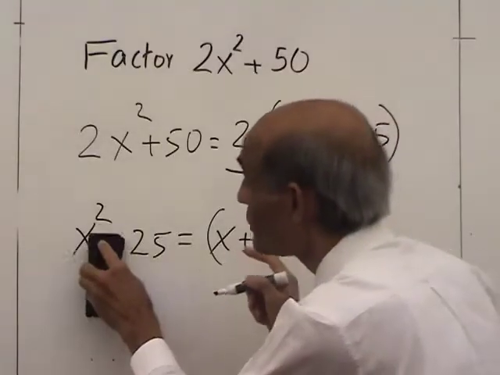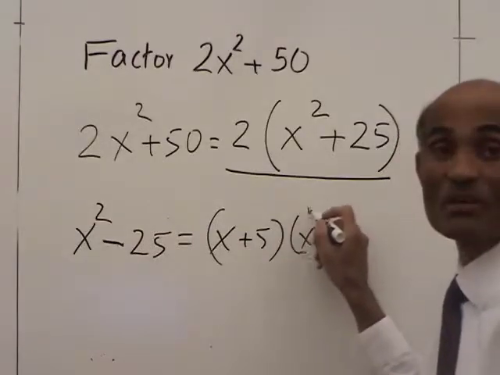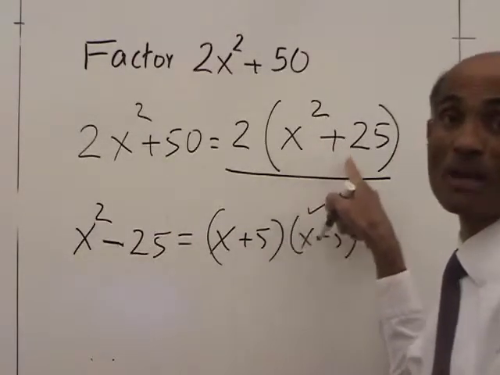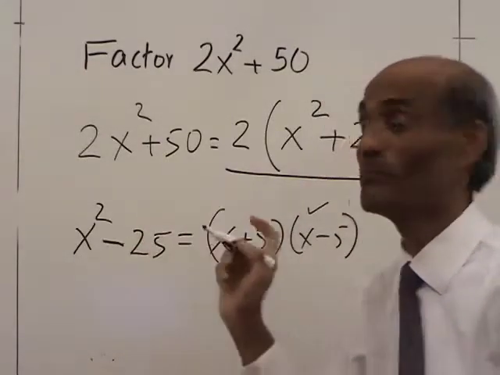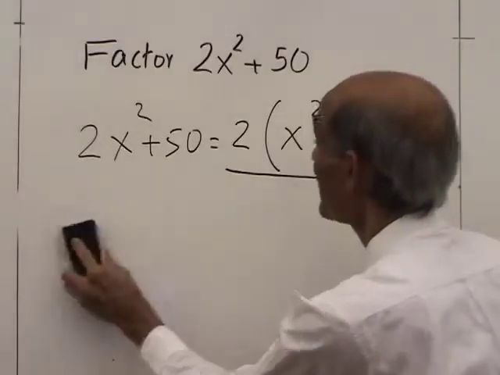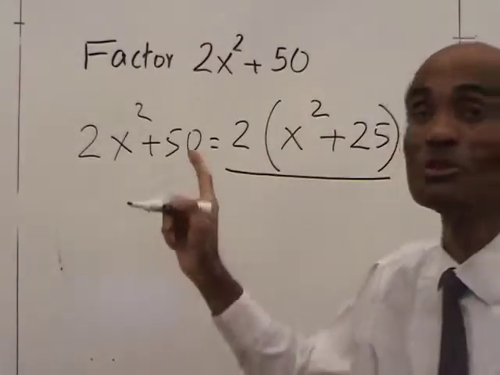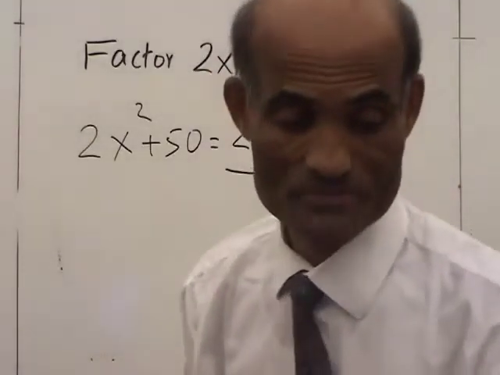If it is x squared minus 25, this is correct. But what we have here is x squared plus 25. You cannot factor it. It is a prime. So the answer in this case, you need to leave it there. That is the best you can do with this. Okay? All right.